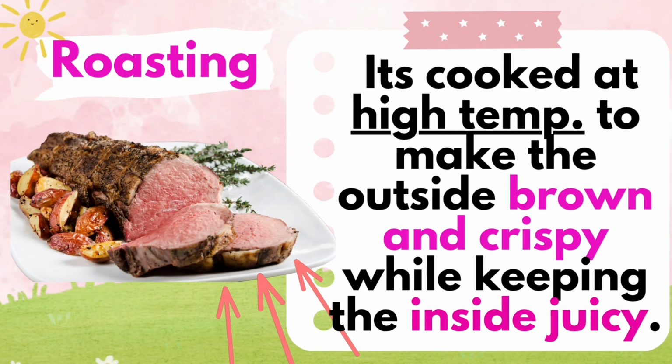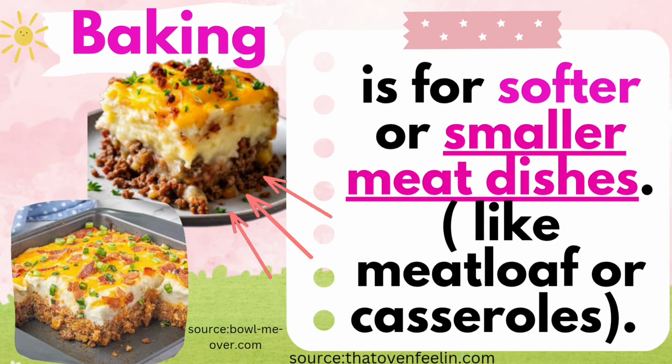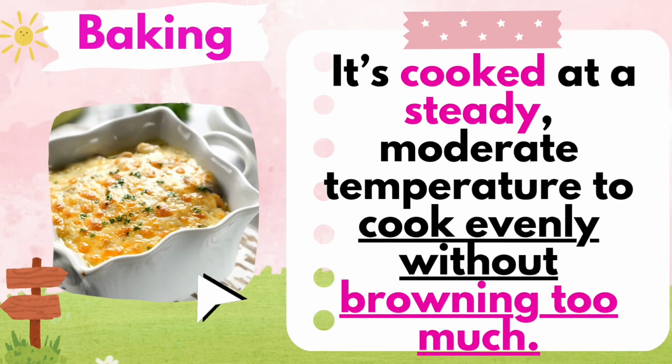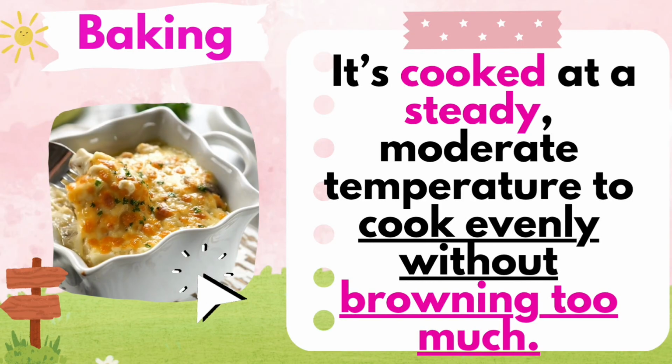It's cooked at high temperature to make the outside brown and crispy while keeping the inside juicy. Baking is for softer or smaller meat dishes like meatloaf or casseroles. It's cooked at a steady moderate temperature to cook evenly without browning too much.